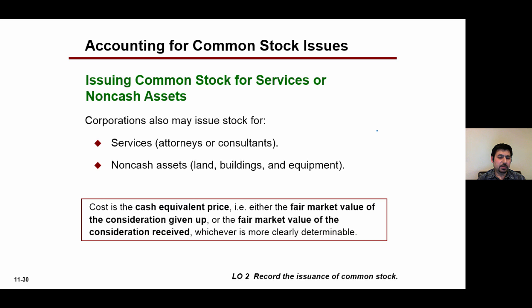In this case, the cost recorded, for example for land, is the cash equivalent price. By that we mean either the fair market value of the stock or the fair market value of the asset or of the services provided, whichever is easier to determine.